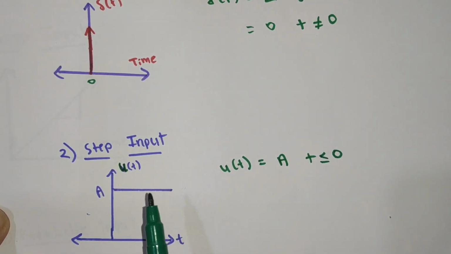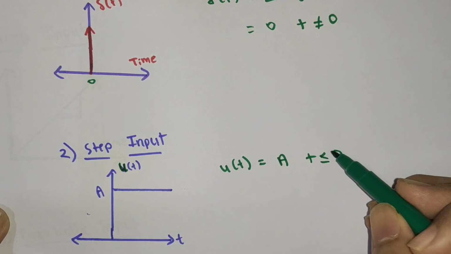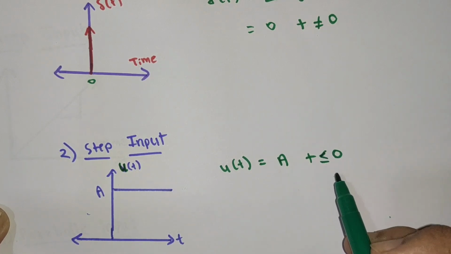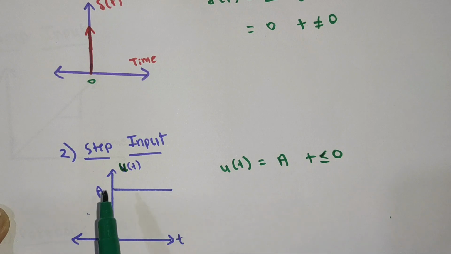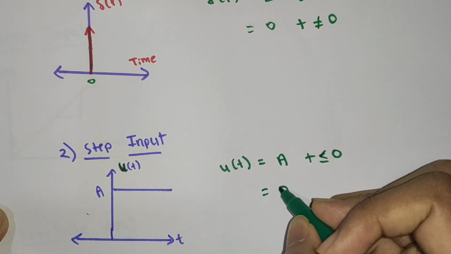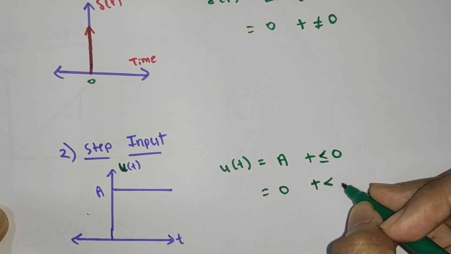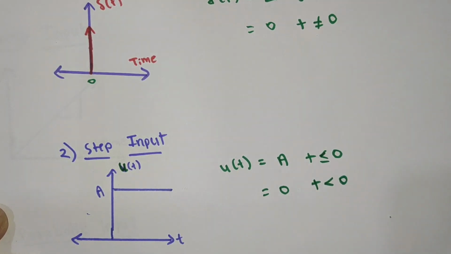That means the step input will always be positive for time greater than or equal to 0, and it will be 0 for the negative values. So this was the condition for step input.